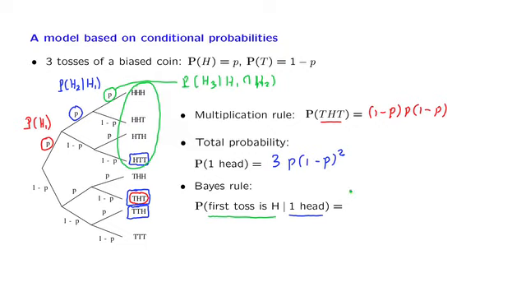We use the definition of conditional probabilities. The conditional probability is the ratio, first, of the probability that both events happen divided by the probability of the conditioning event, which is the probability of one head.